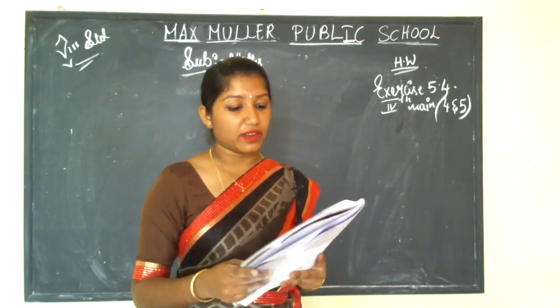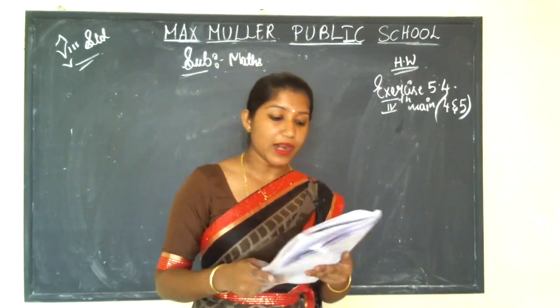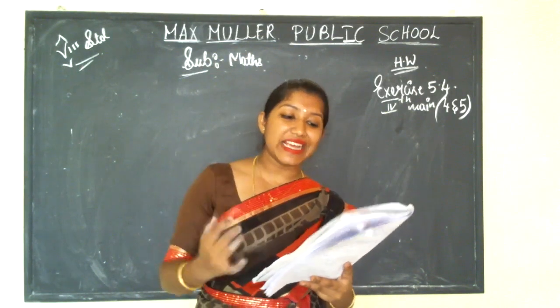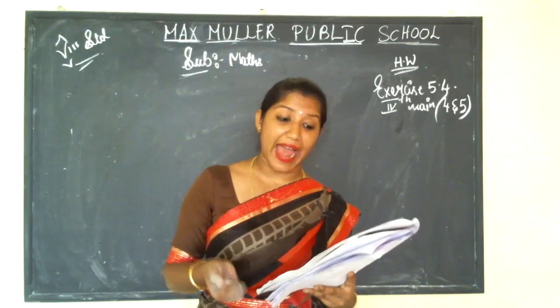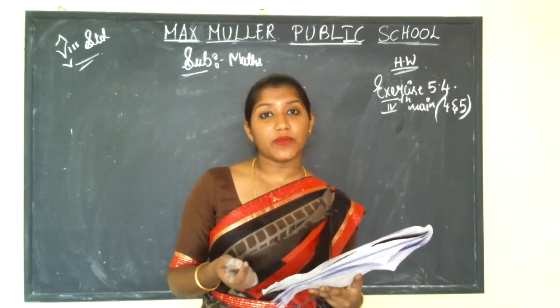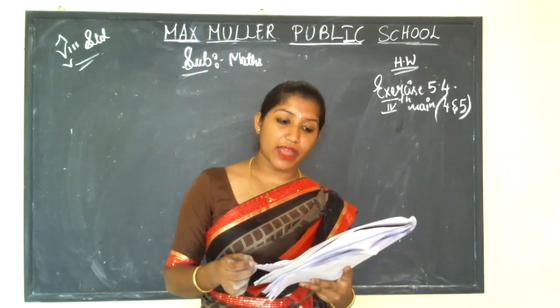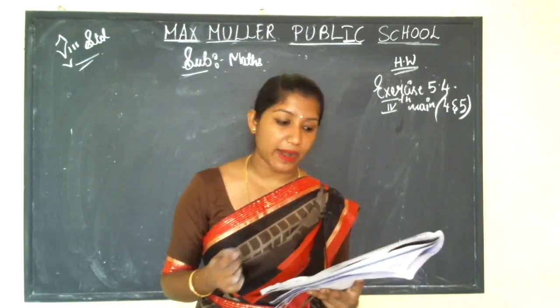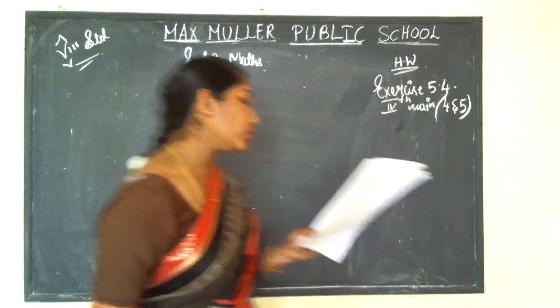Also find the square root of the perfect square so obtained. See, you have to find the least number which has to be added to get a perfect square number, and also find the square root of the perfect square number. Okay, how to do this?